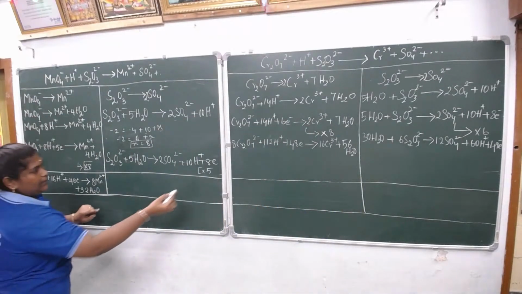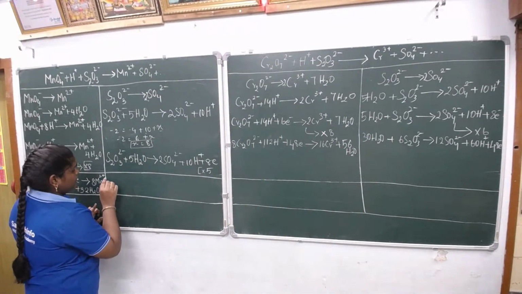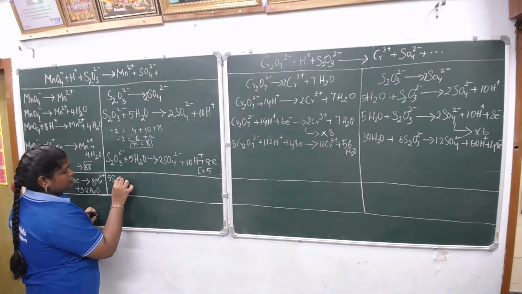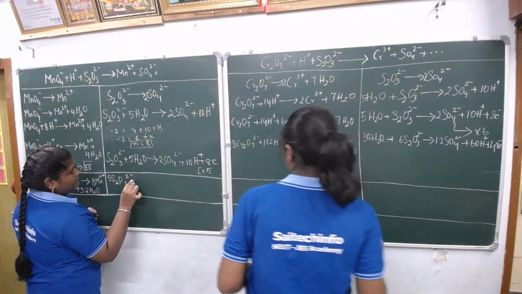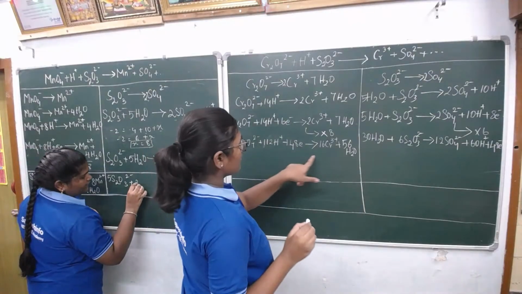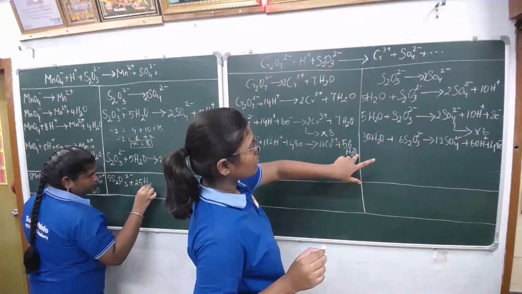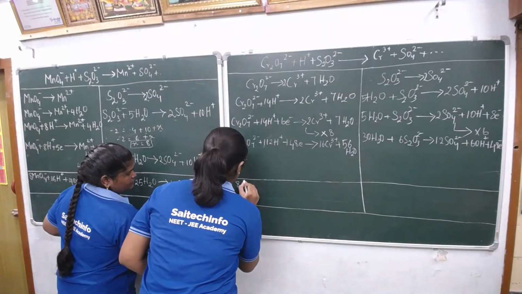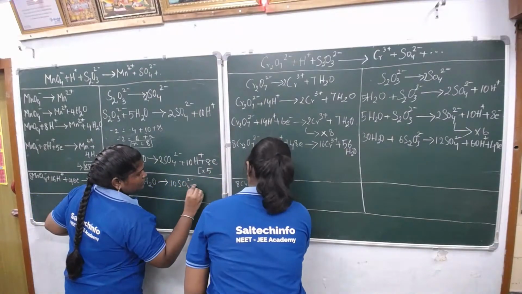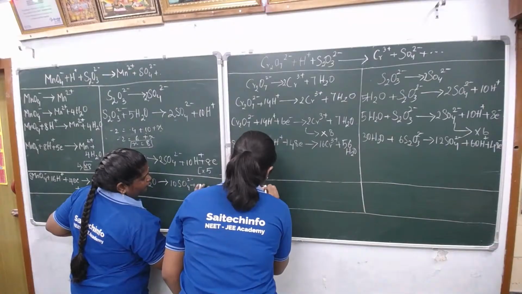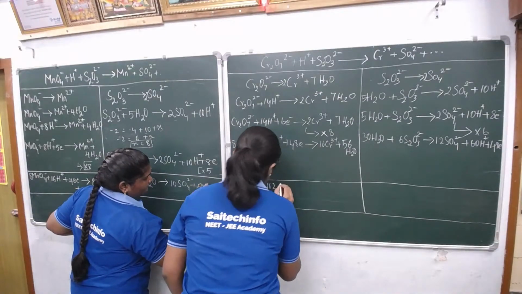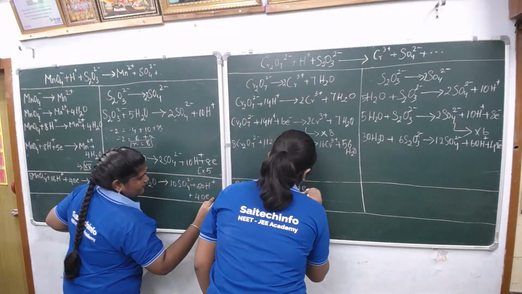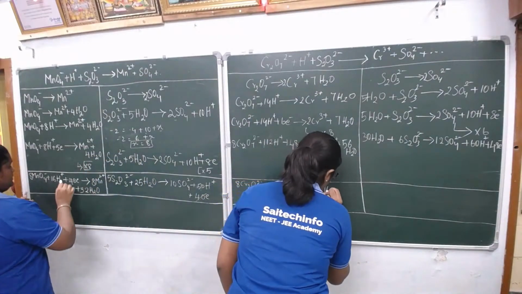So this side we need to multiply this entire equation by 5. So 5 S2O3 2 minus plus 25 H2O to form 10 SO4 2 minus plus 50 H plus plus 40 electrons. So we can cancel this 40 electrons and this side 40 electrons.